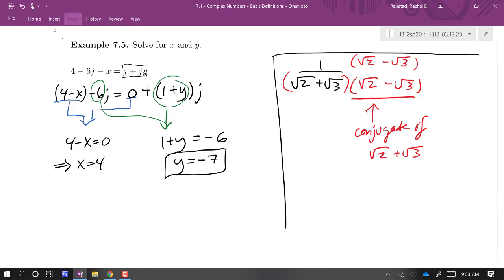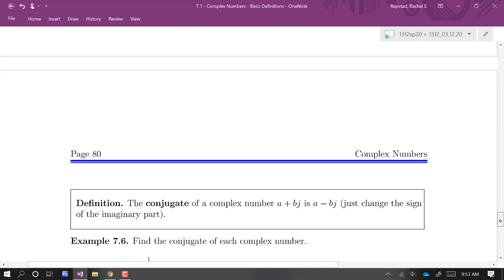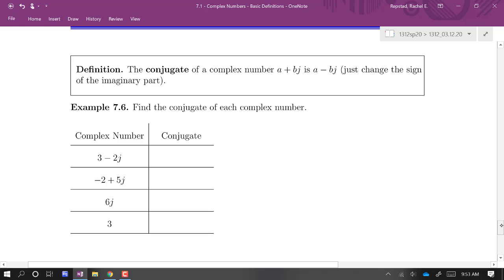Now j is just the square root of negative 1, right? We can think of j as a radical itself. So the complex conjugate of a plus bj is a minus bj. Now here's what we have to be careful of. With the radicals from the last chapter, we didn't consider one to be real and one to be imaginary.